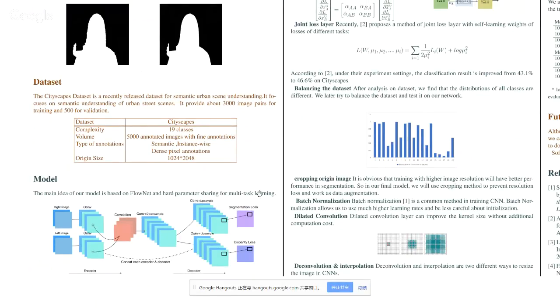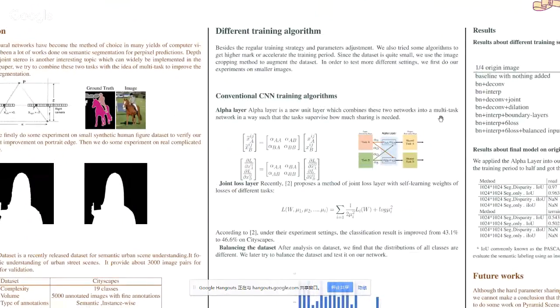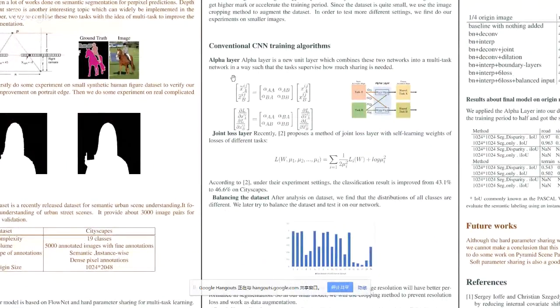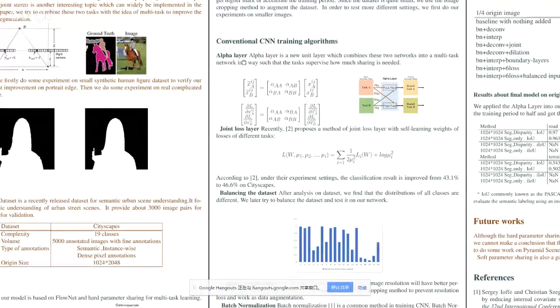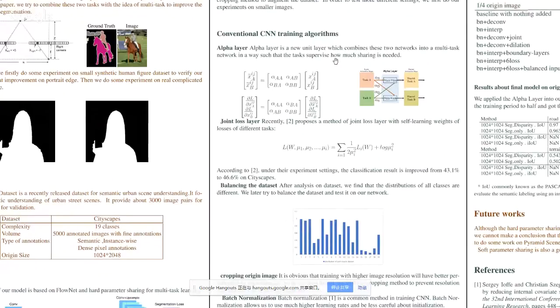We also try different algorithms to improve the result of our network. First we implement two multitask training algorithms: one is the alpha layer, and the other is the joint loss layer. The alpha layer is a linear combination of the two features.